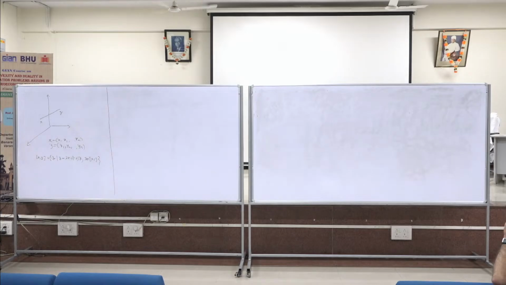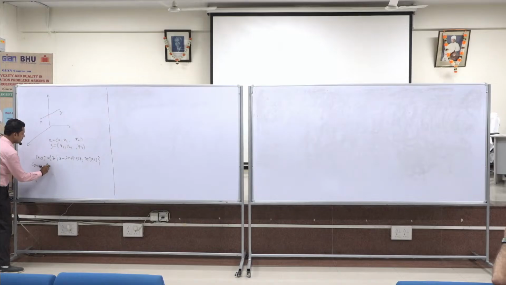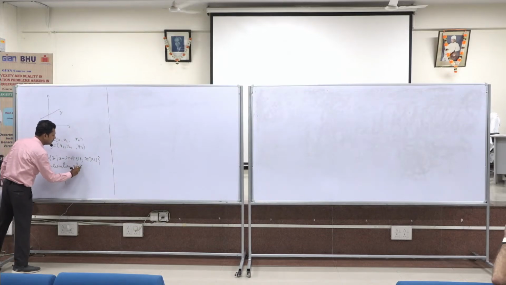This is the line segment joining any 2 points in space, and we call this the convex combination of x and y.